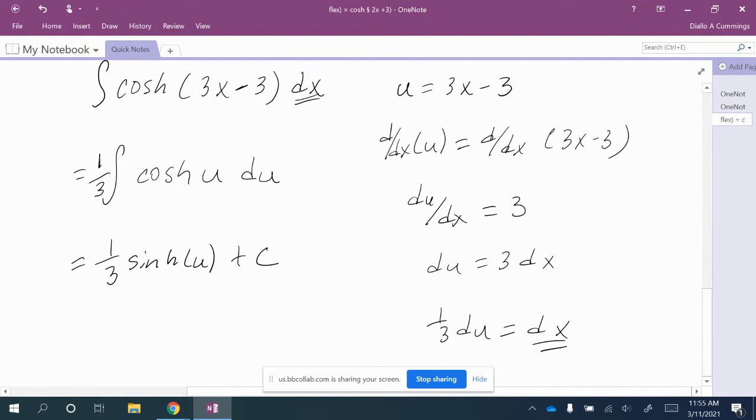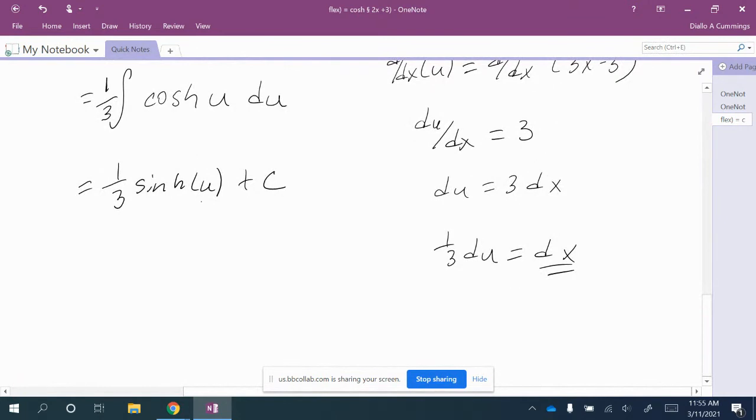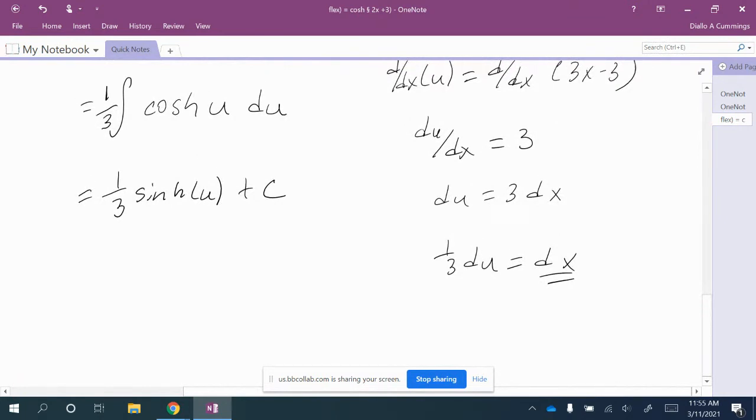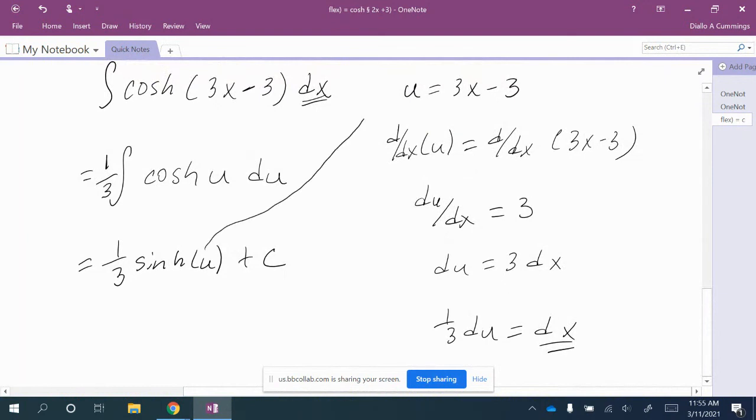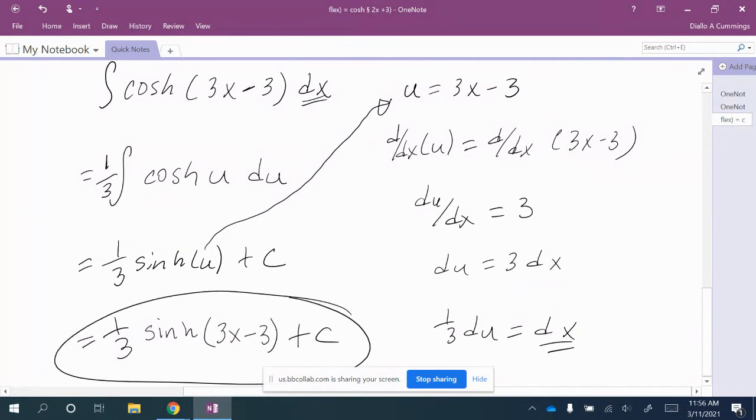Since I don't have any limits of integration, I'm going to attach my arbitrary constant. And now I'm going to back substitute u for 3x minus 3. So I have 1/3 the hyperbolic sine of 3x minus 3 plus the arbitrary constant.